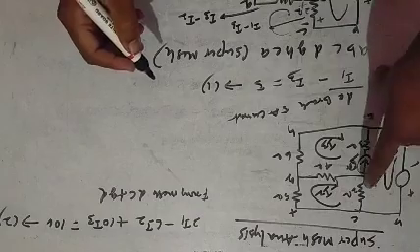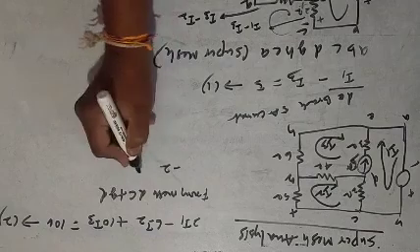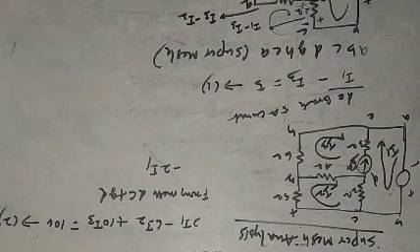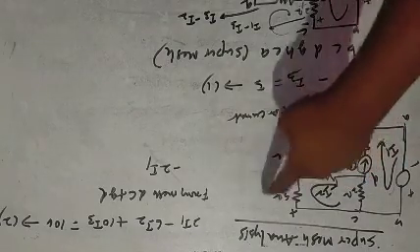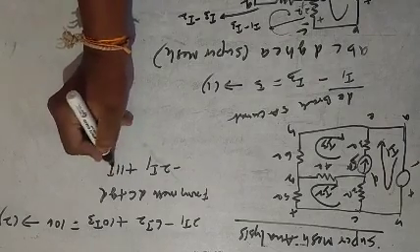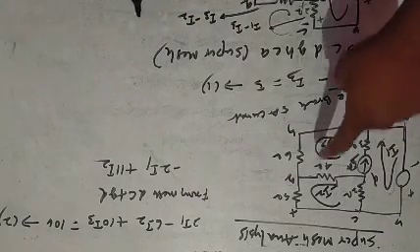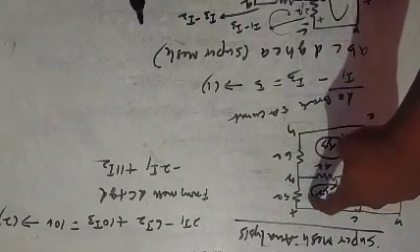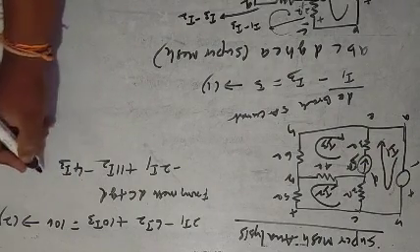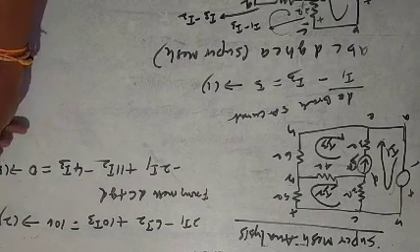This 2 ohm is common to both I1 and I2, so it is minus 2 I1, whereas 2 plus 4 plus 5 is 11 I2, as for mesh 2 the I2 will be positive, and this 4 is shared between I2 and I3, so minus 4 I3. It doesn't have any voltage source, so 0. This is the third equation.